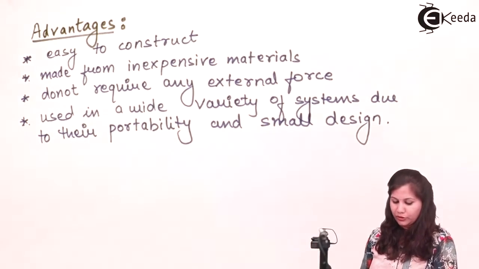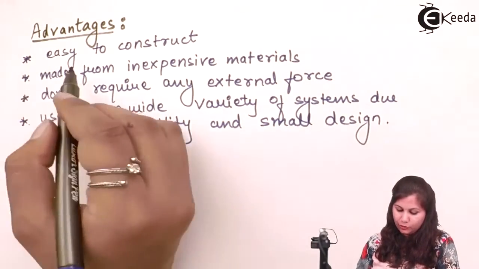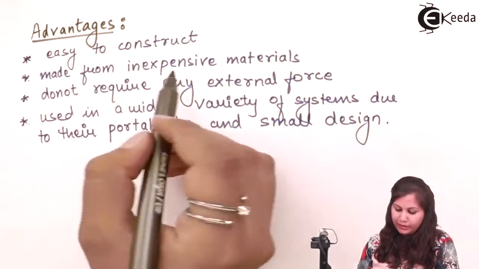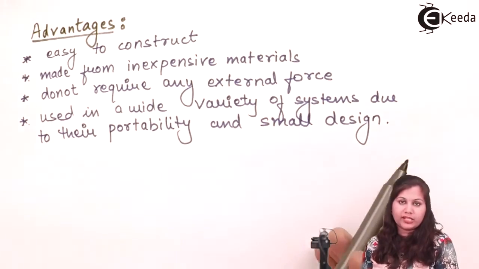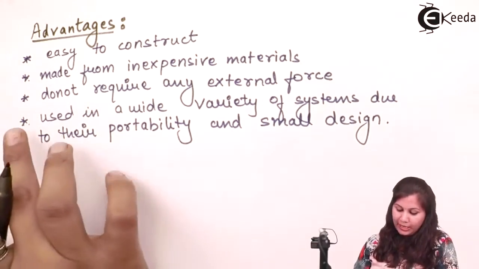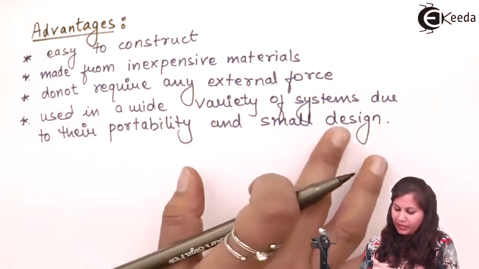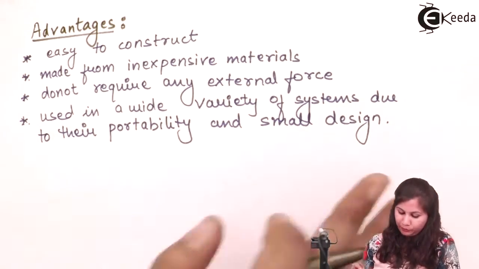Some of the advantages are that they are very easy to construct. They are made from inexpensive materials. They do not require any external force except the substance which is used to measure the flow rate. And also they are used in a wide variety of systems due to their portability and small design.